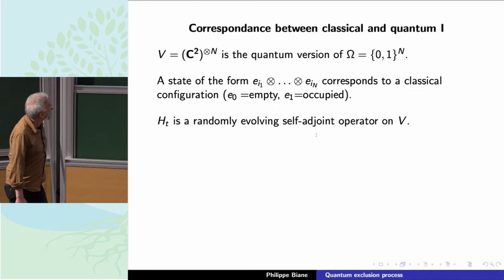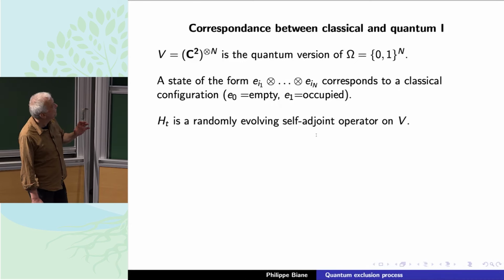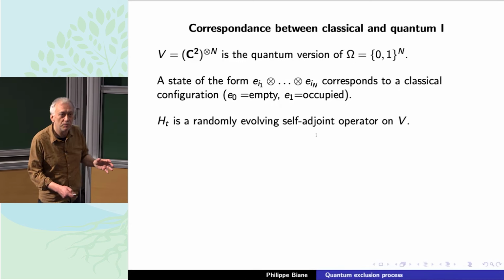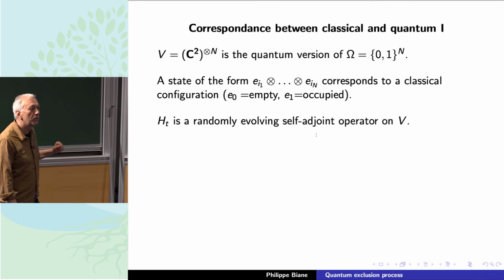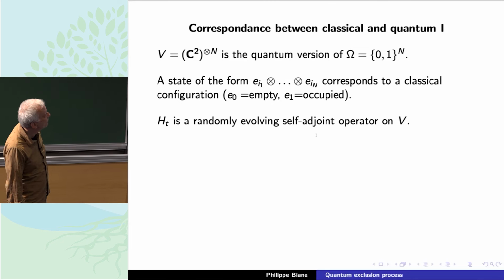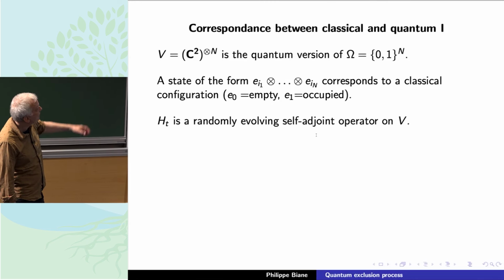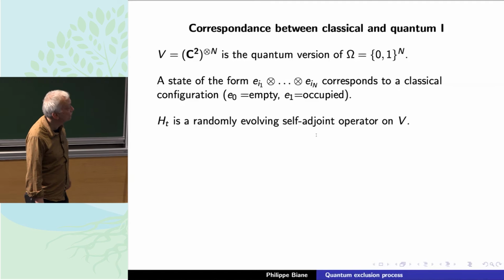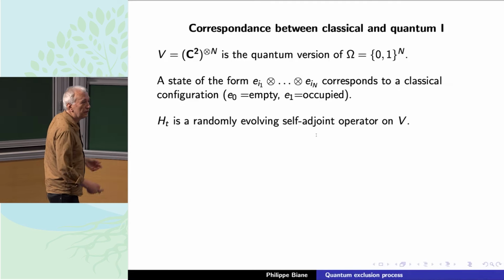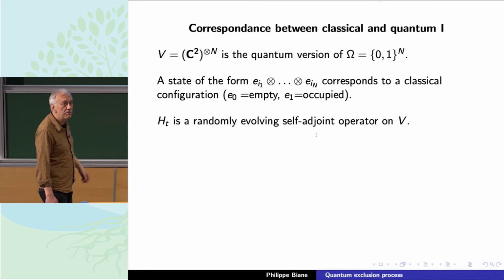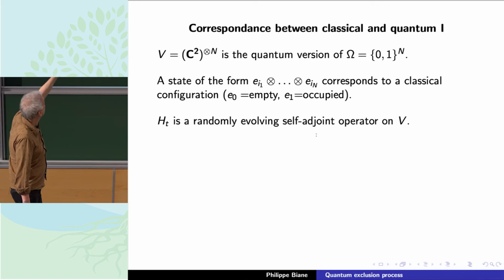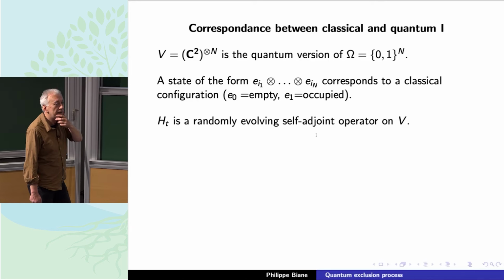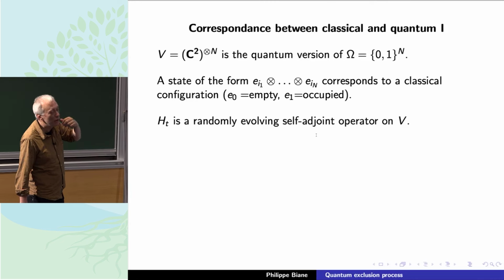Okay, so what is the correspondence between the classical and the quantum? There is a reason why one should call this a quantum version of the exclusion process: V, as a linear space, is a quantum version of omega, which is the state space that we had before. V is just a set of wave functions on omega.